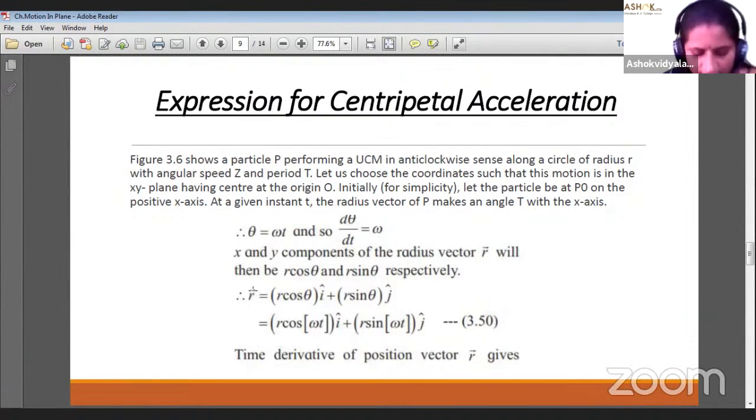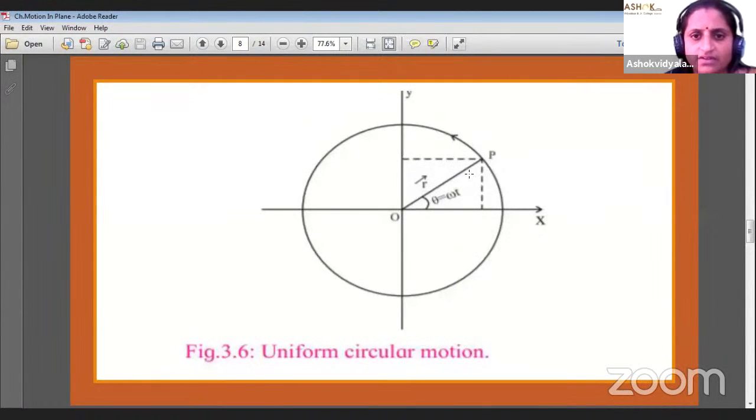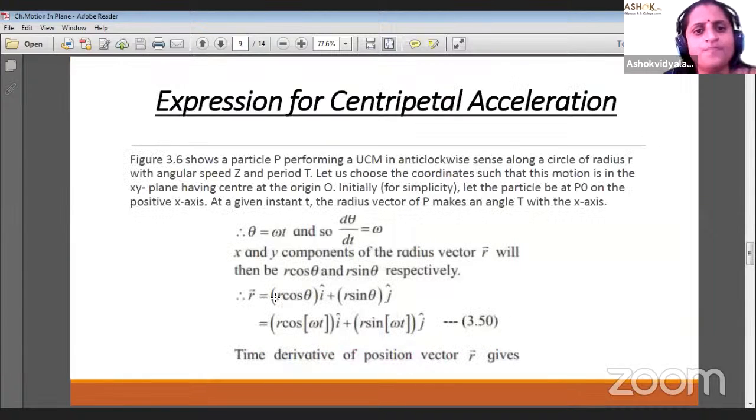Therefore, the resultant vector r is r cos theta into i plus r sin theta into j. Substituting theta equal to omega t, we get r cos omega t into i plus r sin omega t into j.